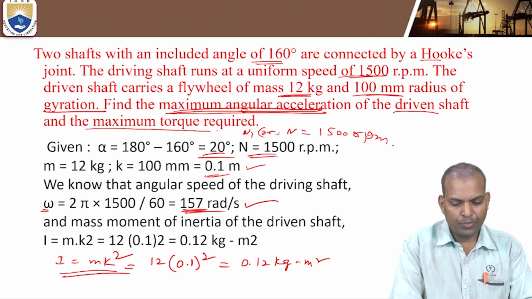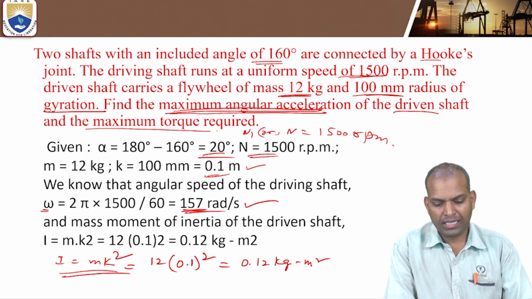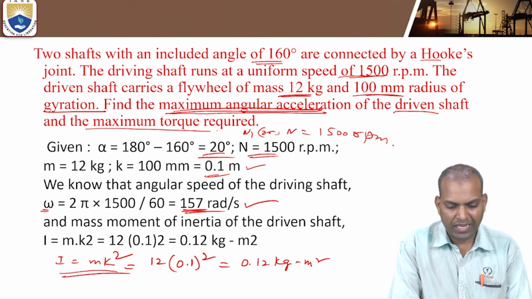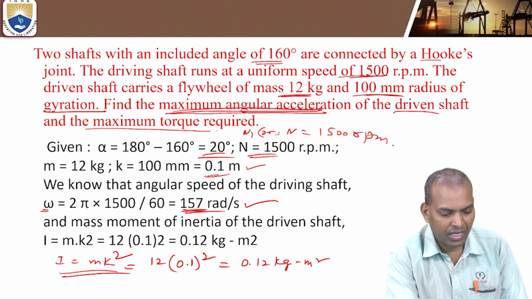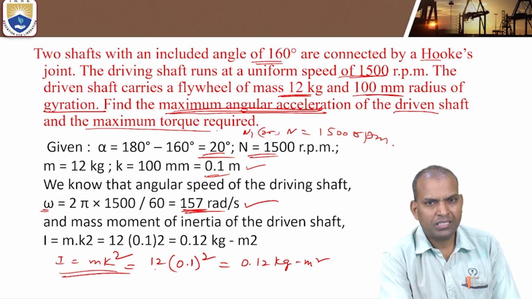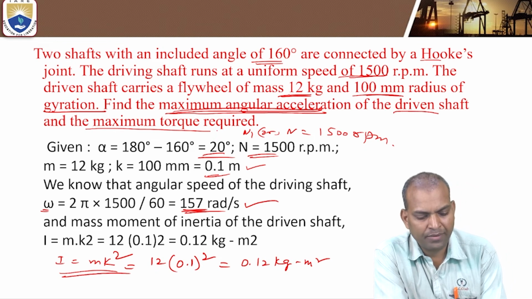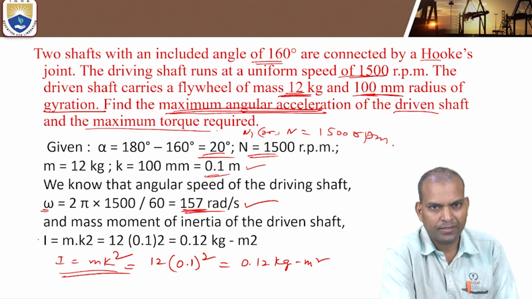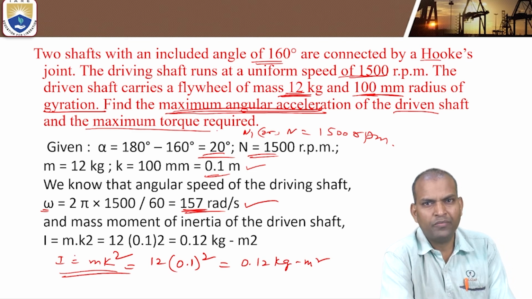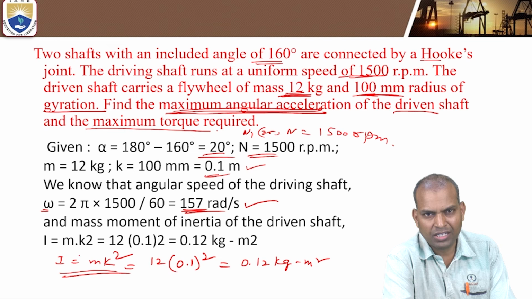Here the mass moment of inertia was given, through the mass of the flywheel and the radius of gyration, so that's why we calculated it. If those parameters are not given, the problem won't ask for the maximum torque calculation.